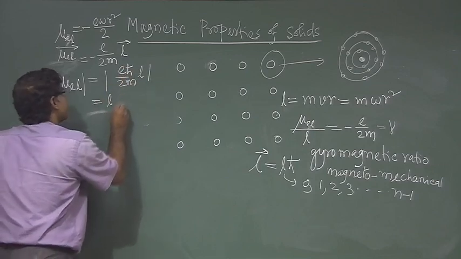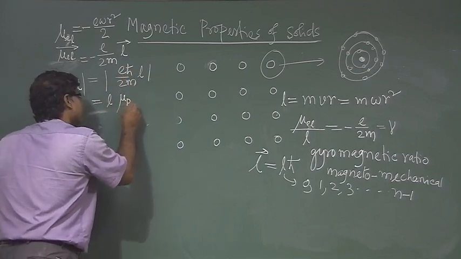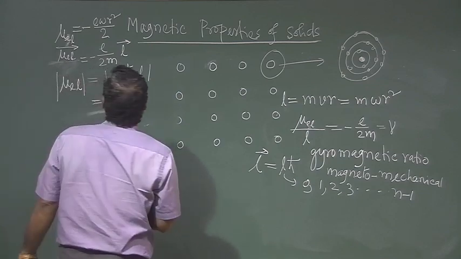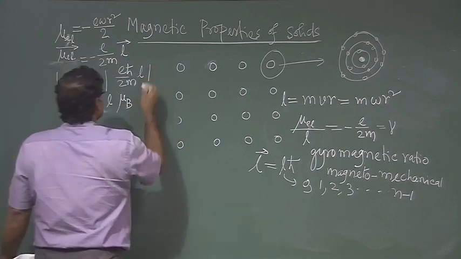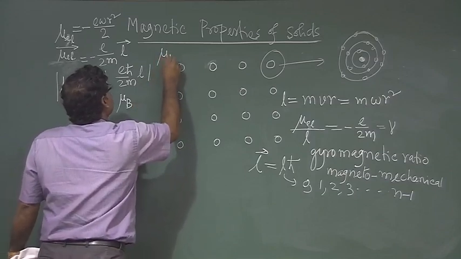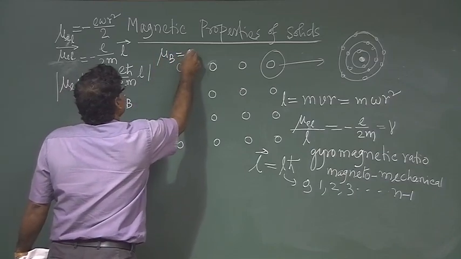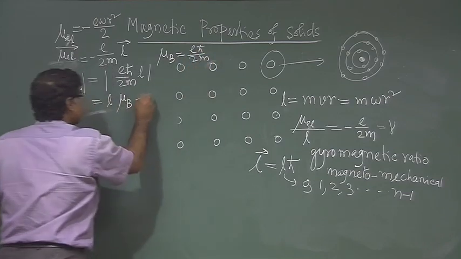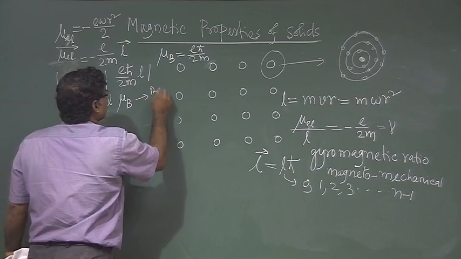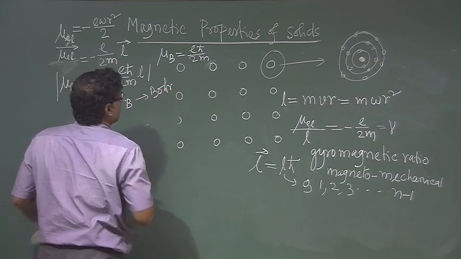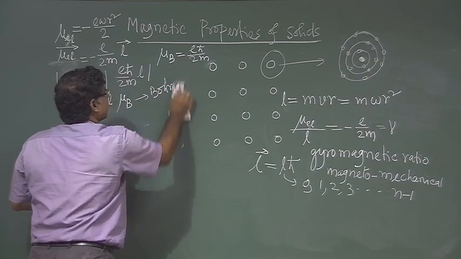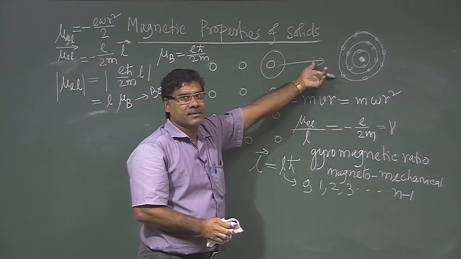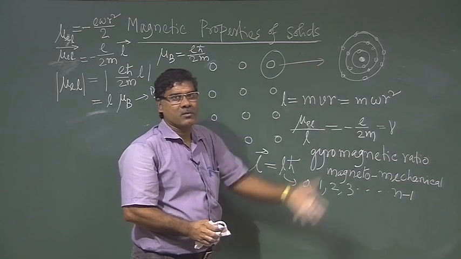And this we write as mu B, where mu B equals e h cross by 2m. So this mu B is called the Bohr magneton. Okay.